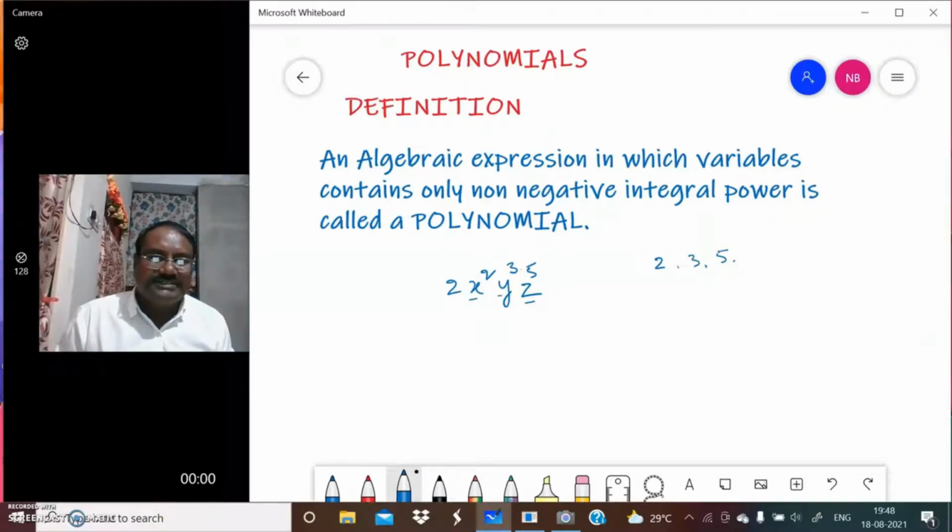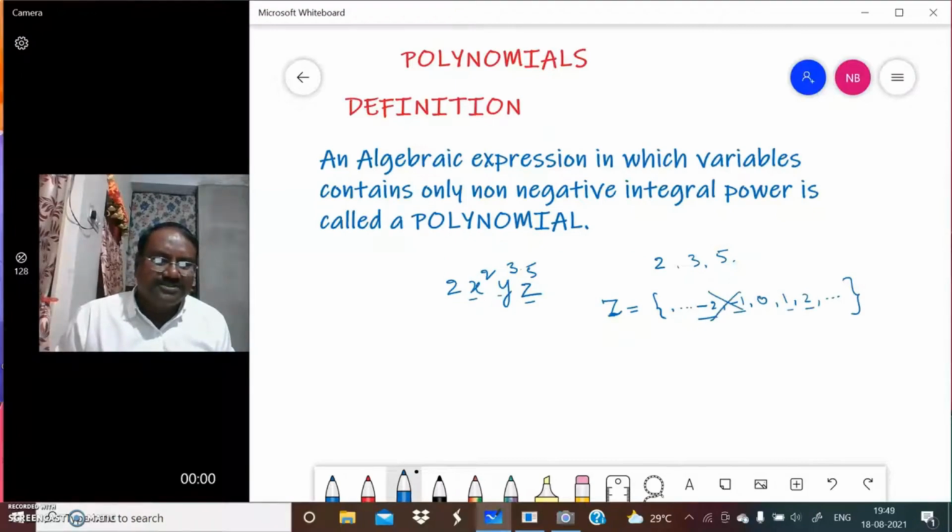We know that integers are denoted by Z, and Z is nothing but negative numbers, -2, -1, 0, 1, 2, and so on. But here the power should be a non-negative integer, meaning it should not be -1 or -2 like that. The power should be 1, 2 like that.